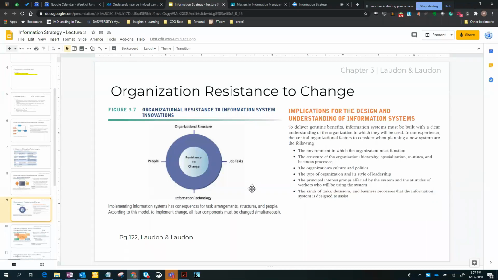But it's important to be aware of organizational resistance to information system innovations, because all innovations or new technologies always bring some change with them, and not everybody in the organization would like that, because it changes their own job or tasks. There might be some change in the organizational structure as a result of the information technology. So maybe instead of having three people, now there are only two people who can do the work, because we've automated so many things that we don't need the third person.